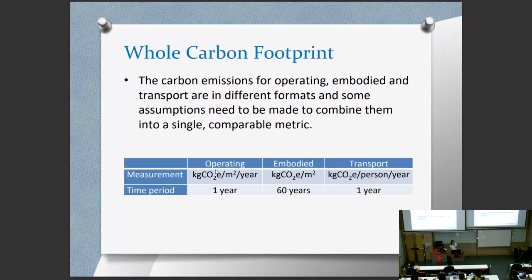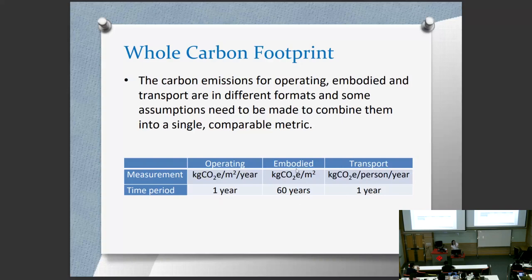So operating carbon is annual, per square meter, and embodied carbon is per square meter, and transport carbon is per person per year, or based on the occupancy density, we can convert it into per square meter per year.